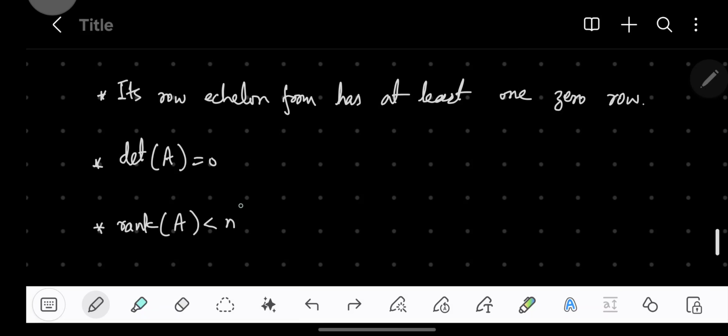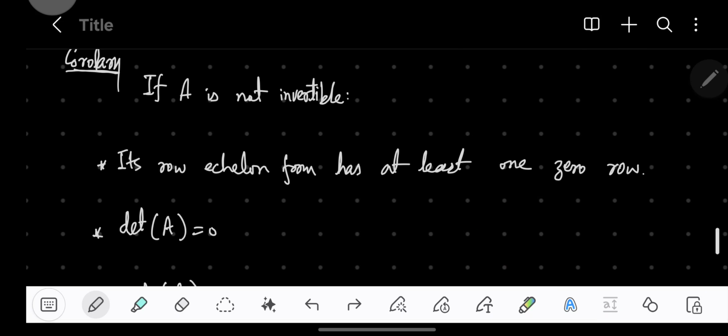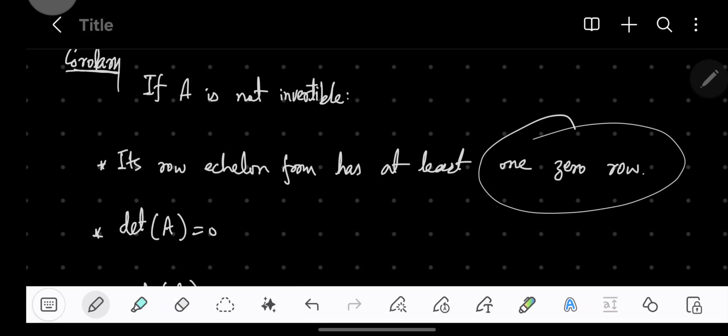That means if the rank is not equal to n, then the determinant is 0 and the matrix is not invertible. And also the row echelon form of the matrix has at least one zero row. The whole row is 0. At least there is one row which is 0.